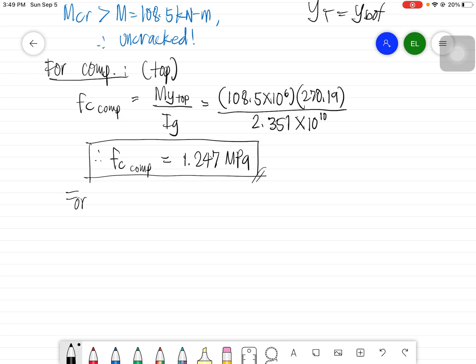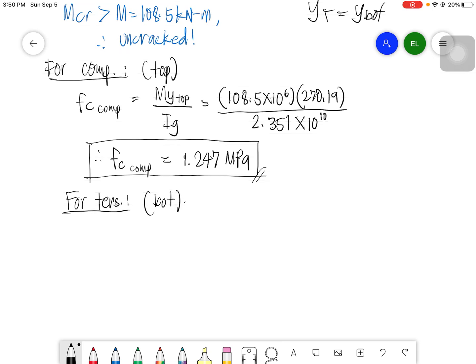So how about for the tension side, or specifically at the bottom portion of the beam?